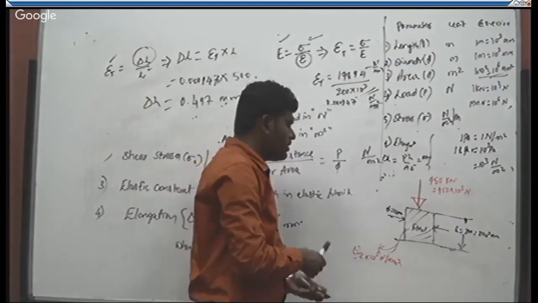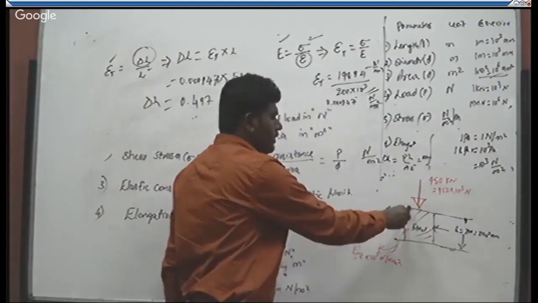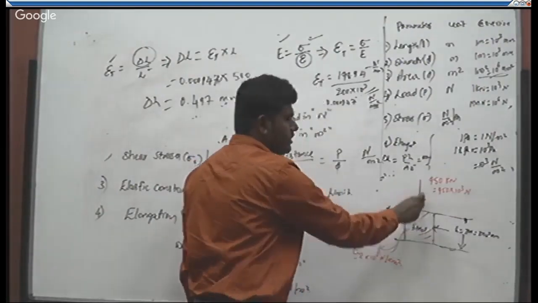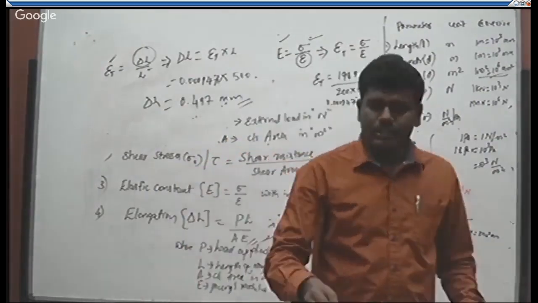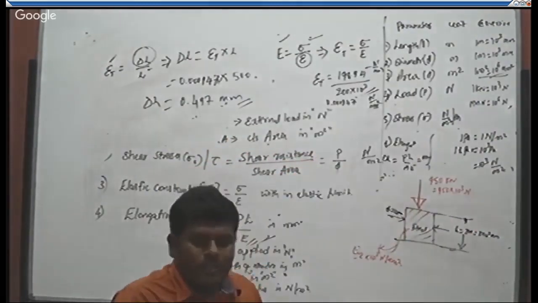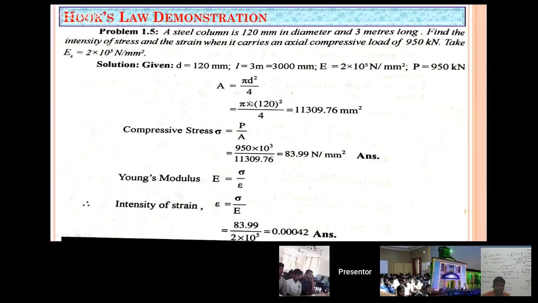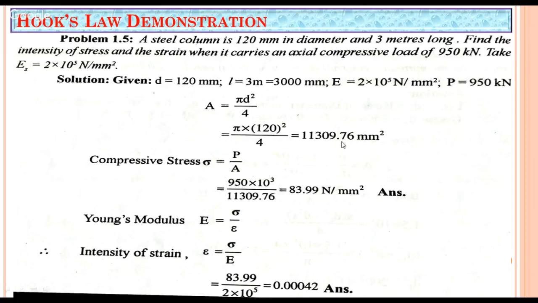For this, first we have to calculate the area of cross section which is resisting this particular load. That is given by area equals pi by 4 times diameter squared. So pi by 4 into 120 squared; substituting the values, we get an area of 11,309.76 millimeters square. Then, using the applied load and the area of cross section, we can calculate the compressive stress induced in the steel column due to the action of 950 kilonewton.